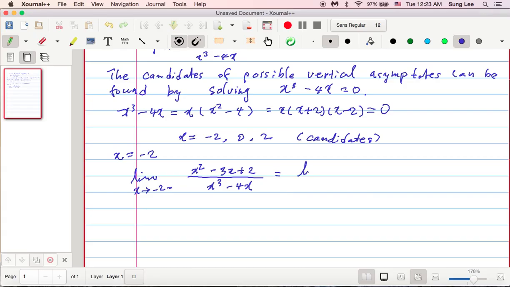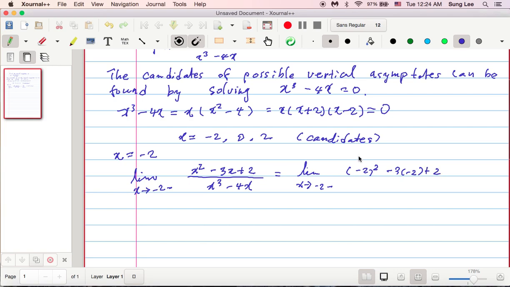So first the left-hand limit: the limit as x approaches negative 2 from the left side. As you can see, when x approaches negative 2, the top part is negative 2 squared minus 3 times negative 2, plus 2.